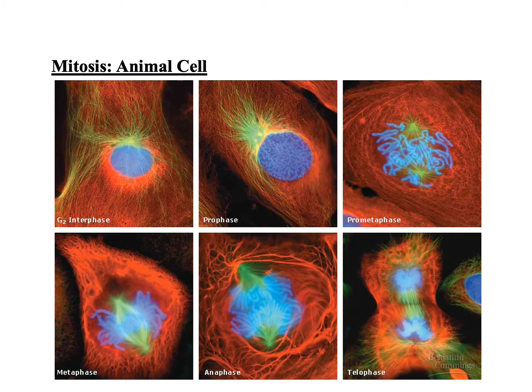The bluish color is a dye that binds specifically to DNA. The red color binds to actin, which is a cytoskeletal component, and the green color binds to microtubules, again, another cytoskeletal component. So in interphase, what you can see is, again, the chromosomes are not clear, defined structures.